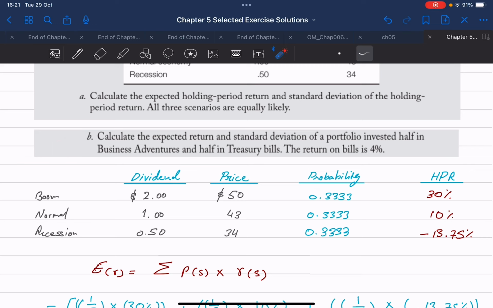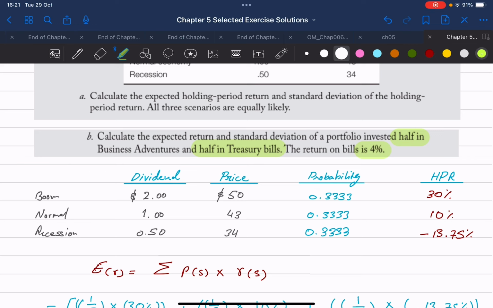Calculate the expected return and standard deviation of a portfolio invested half in business adventures, which is our stock right here, and half in treasury bills. And the return on the treasury bills is 4%.